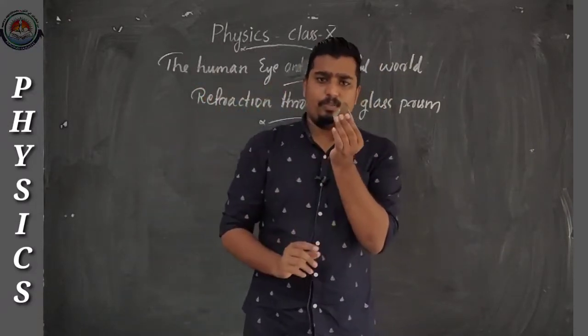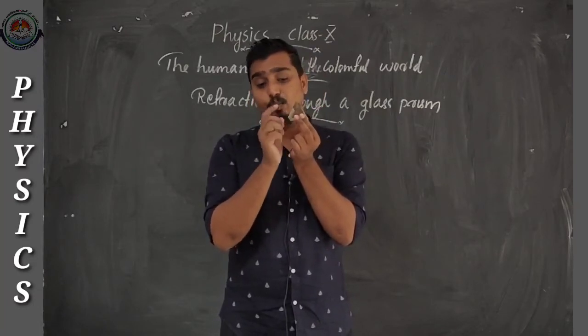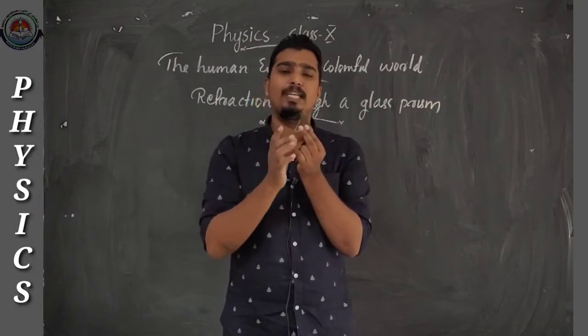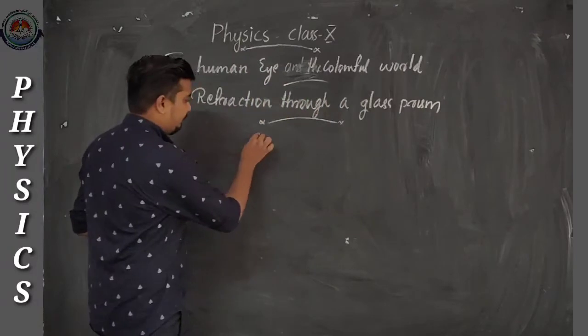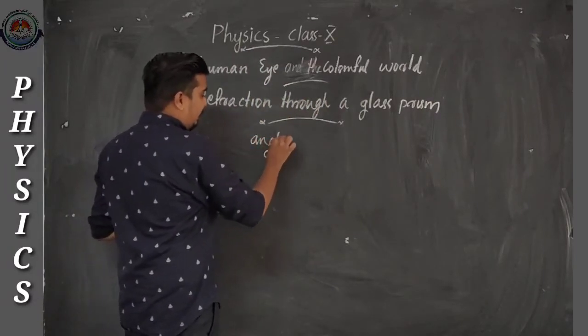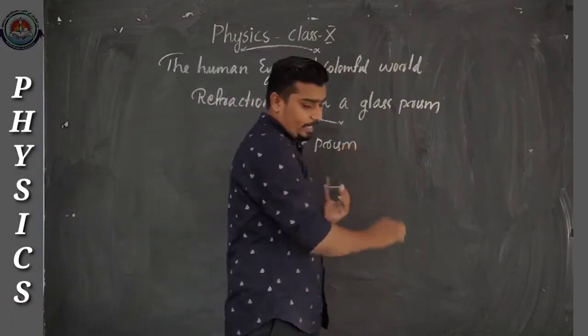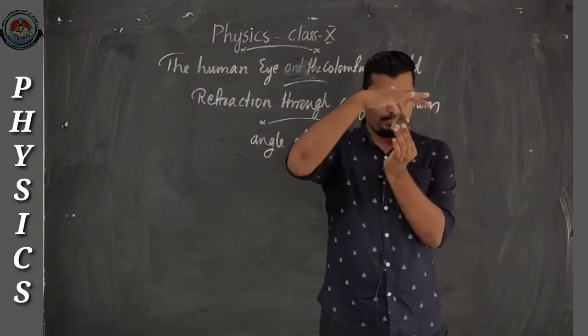The angle between the two inclined faces is called the angle of the prism. Angle of prism, that is the angle between two lateral faces.